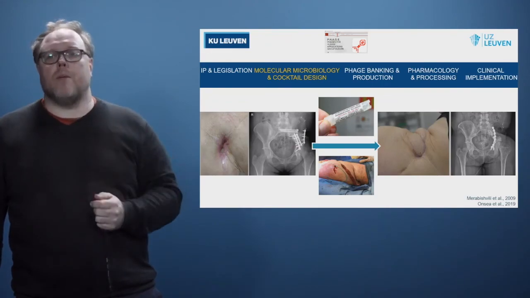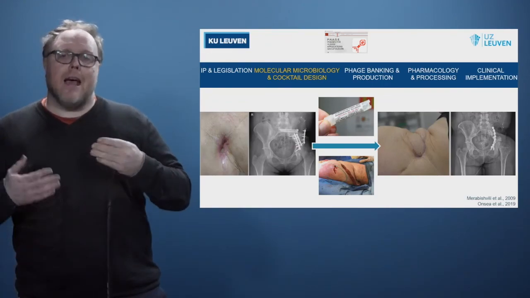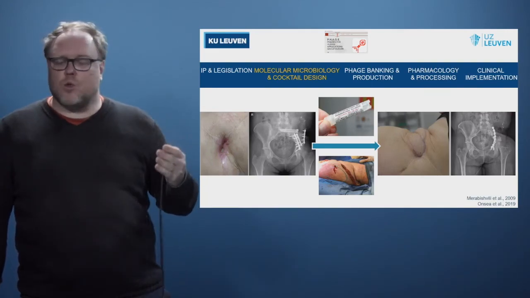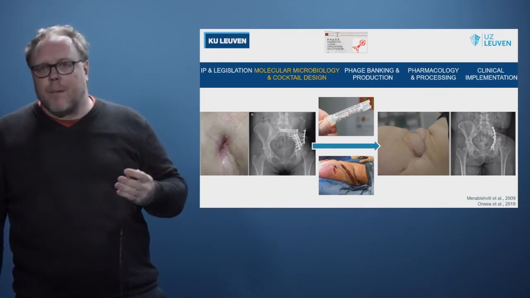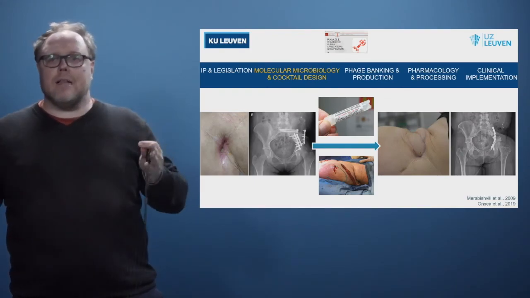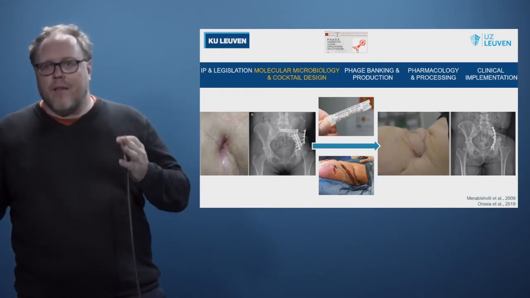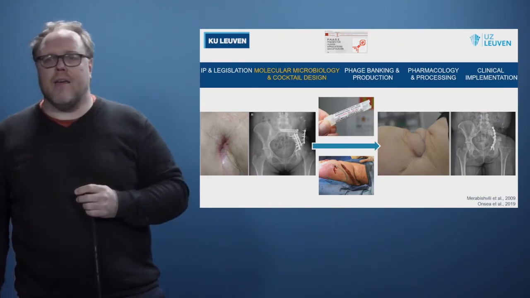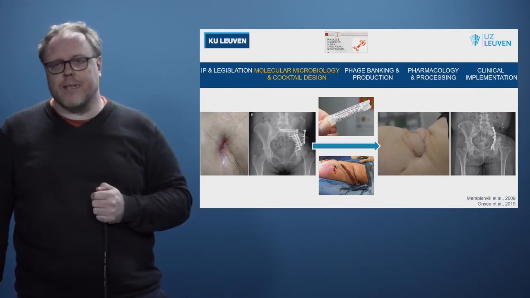Then new repair was made and phages were administered. And this is one example of about 8 patients treated so far, which after this extended period of having infections associated with those implants have now been infection-free for 1 year.